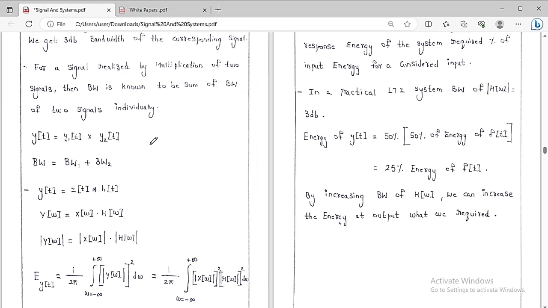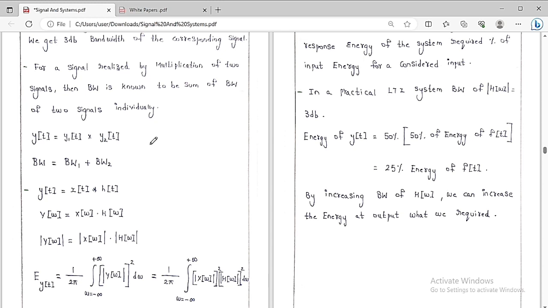What I am trying to tell you is very simple. Suppose there is some signal, and that signal is the multiplication of two other signals. Then the signal bandwidth is the summation of the individual signal bandwidths. So y of t is equal to y1 of t into y2 of t, and the bandwidth of y of t is nothing but the summation of the individual signal bandwidths, bw1 plus bw2.